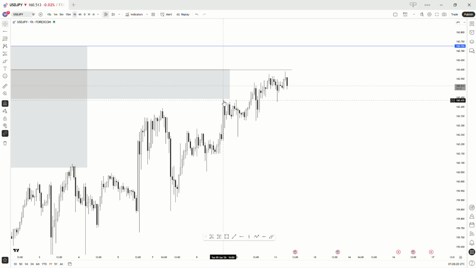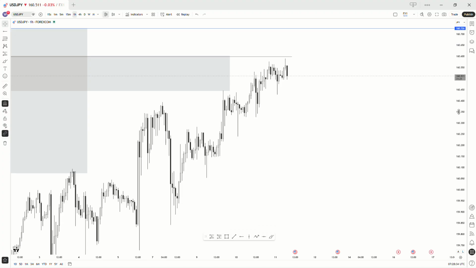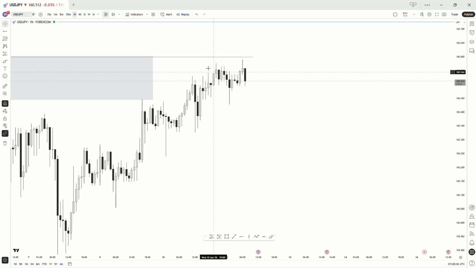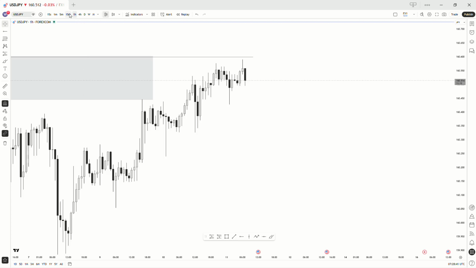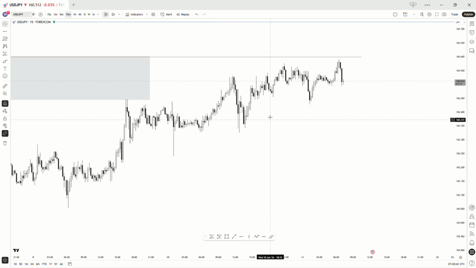We can see ever since we stabbed out this zone, we have been going up high, aiming for these highs, and price has been inducing buyers on the way. So a lot of people have been buying price action at the side.